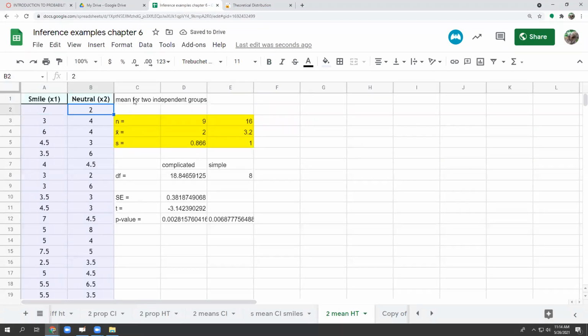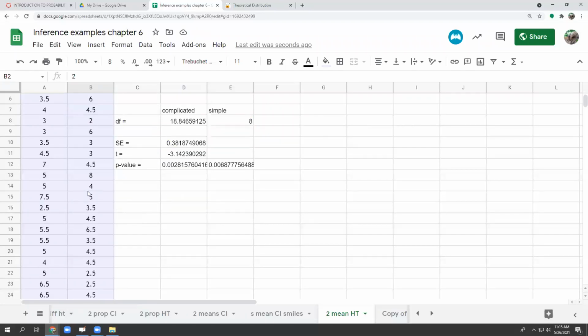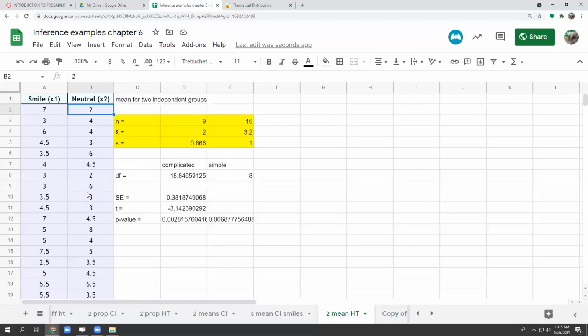So I have 2 independent groups, and I'm looking at the means. So there's a group of people who are smiling, different group of people with neutral expressions. These are their leniency ratings from the judge there. I'm reusing a sheet I used before where I just typed in the numbers. I'm just going to delete those and start over.